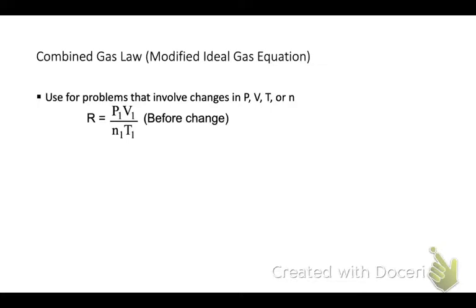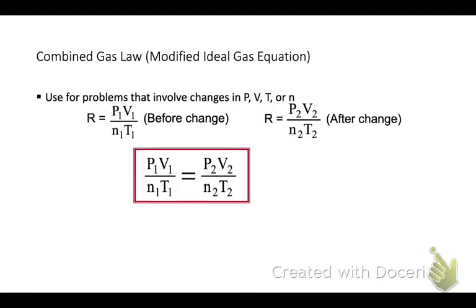Since R is constant, it is not going to change, so that will be P2 V2 over N2 T2. This is the combined gas law: P1 V1 over N1 T1 equals P2 V2 over N2 T2.